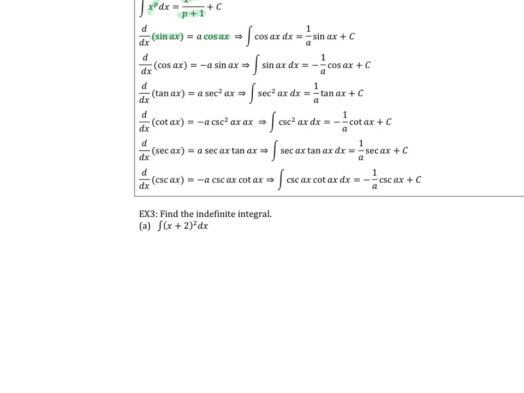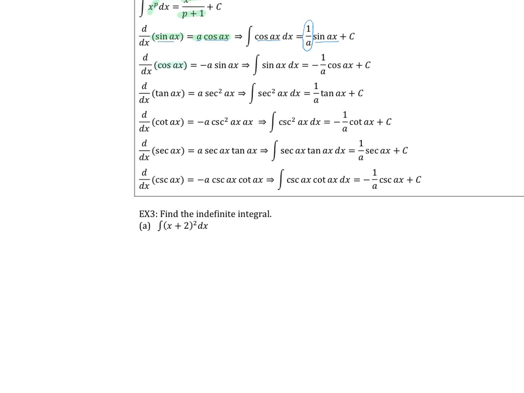The derivative of ax is just a. We're going to do that backwards. If we were going to integrate cosine of ax, instead of multiplying by this a, we divide. So it's 1 over a, and then we get sine of ax.